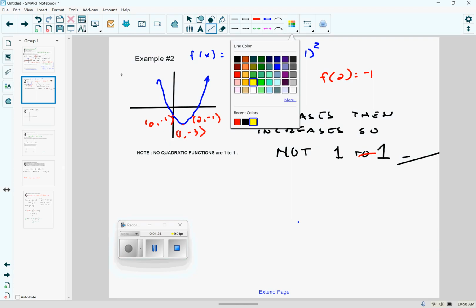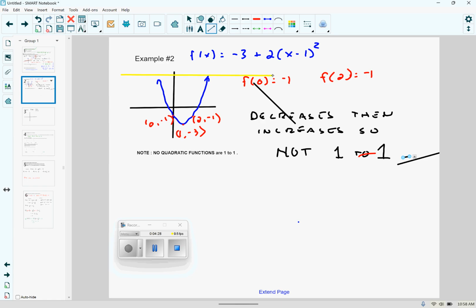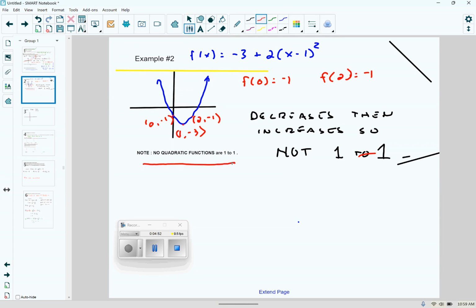If I take this yellow horizontal line, you see it's crossing that graph more than once. That's another reason why I can say this function is not one-to-one. In fact, no quadratic functions are one-to-one, because the horizontal line test will never work on a quadratic function.